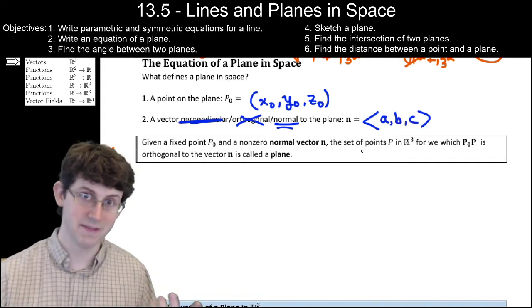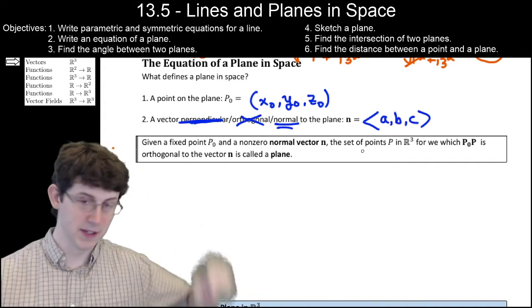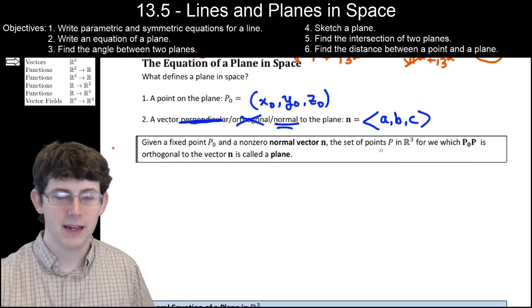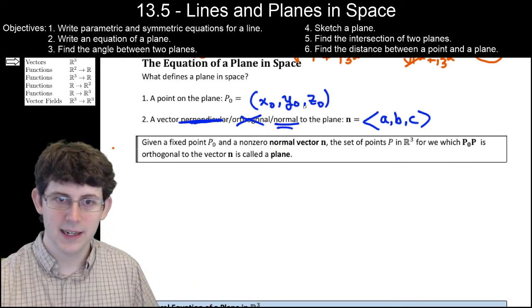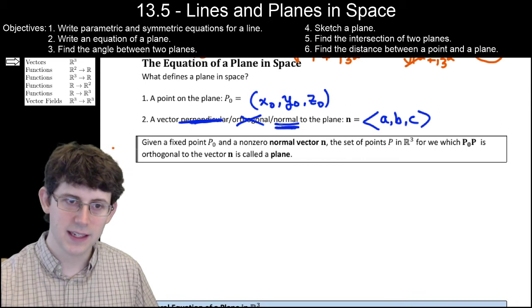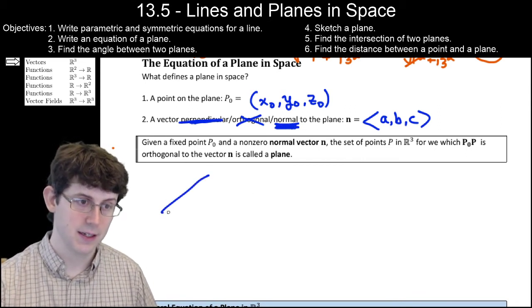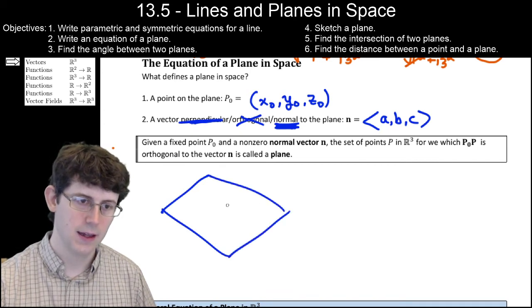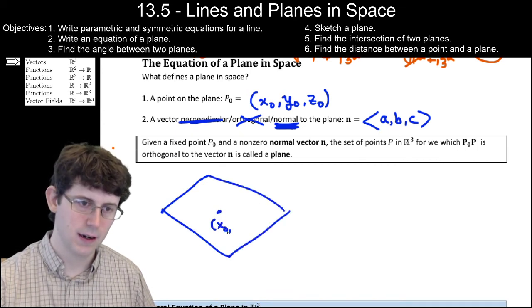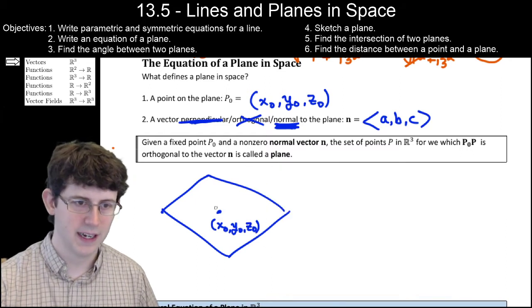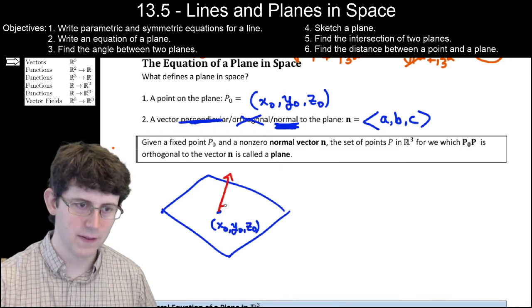So to get an equation of a plane, you pick a vector that's normal to the plane. Then you say, oh, well, to write an equation, I can tell whether things are at a 90-degree angle to other things using the dot product. So you say, here's my plane, here's my base point, and here's my normal vector, n, that's coming out of the plane.